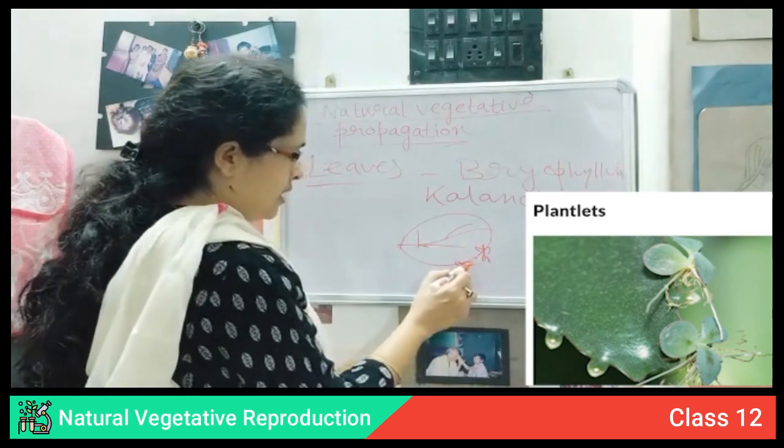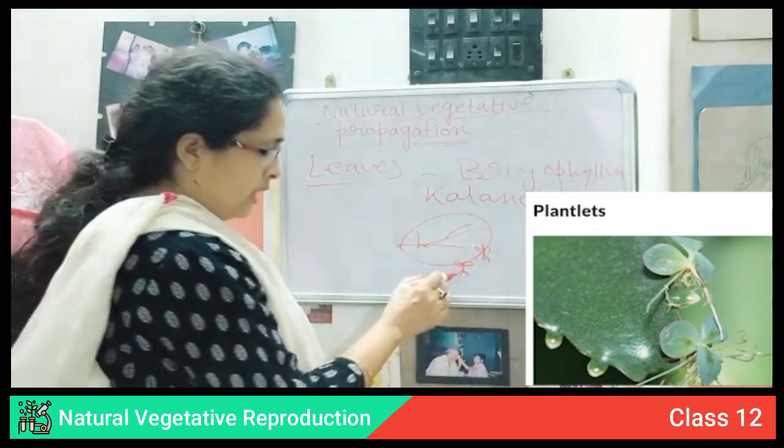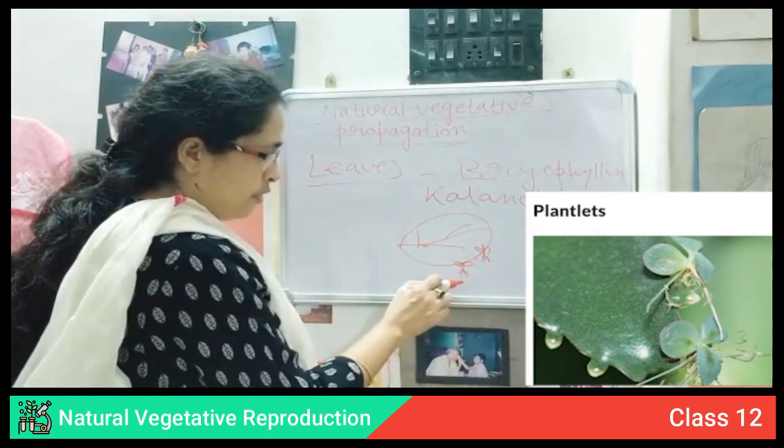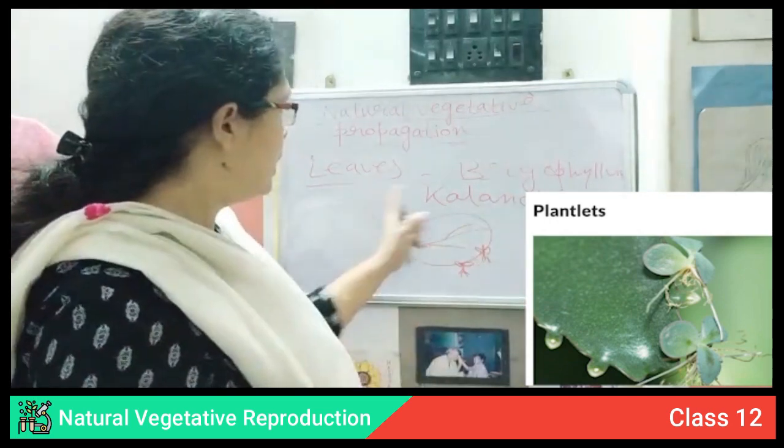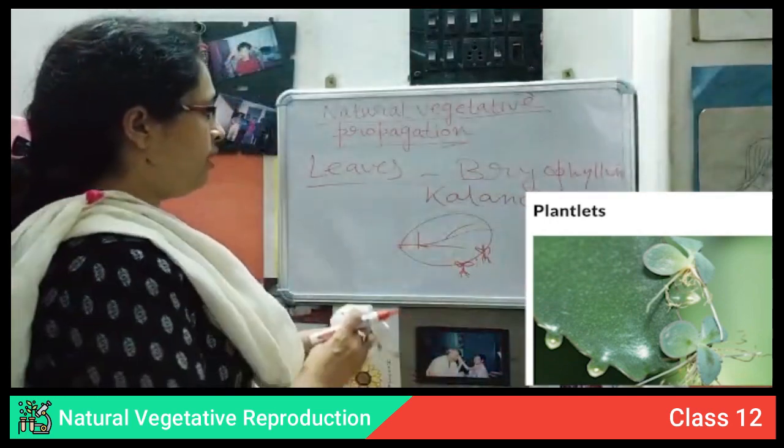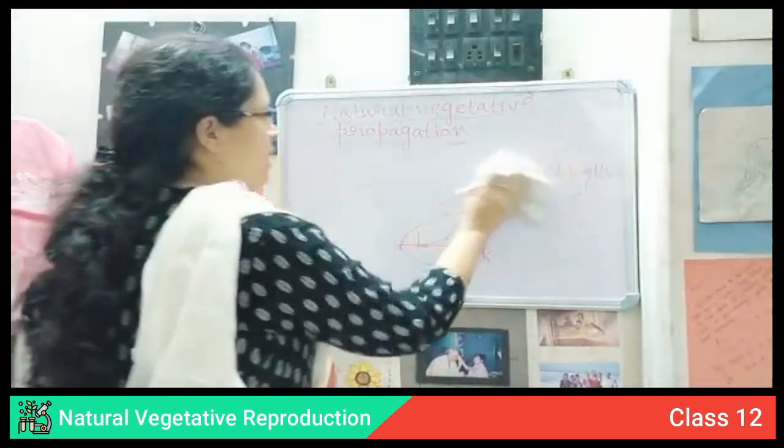When these plants have grown fully, they fall off from the leaves and grow as new individuals. So for leaves, the examples are bryophyllum and kalanchoe.